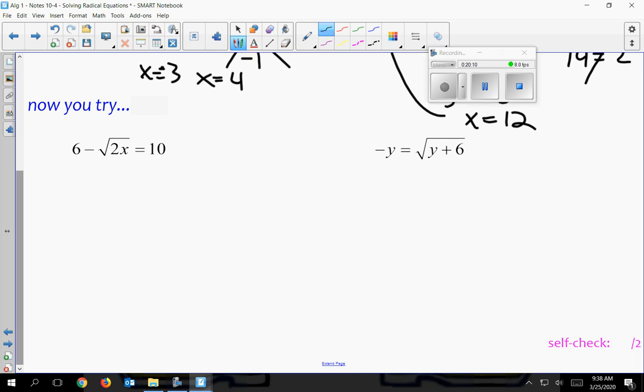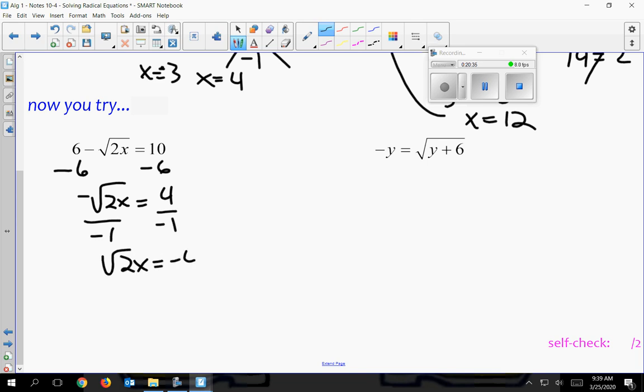Okay, in this first one, I need to isolate the variable. So I'm going to get rid of the 6 by subtracting 6. That negative sign stays there, and I get 4. What I'm going to do to get rid of that minus sign is divide by -1 first. So I get 2x equals now -4.